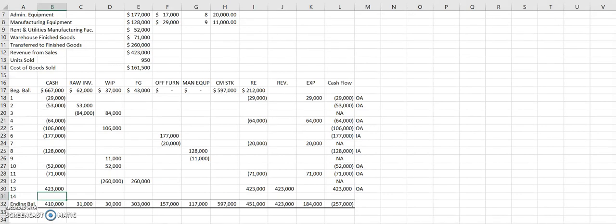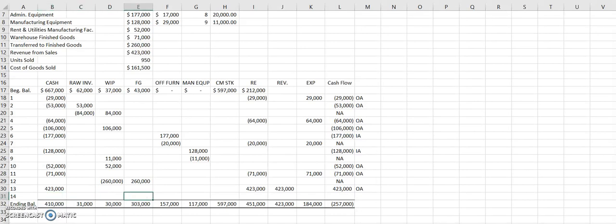Then item 14 tells us that the cost of those items that we sold was $161,500. So the cost of those items was $161,500. Was cash impacted? No, not in this particular transaction.